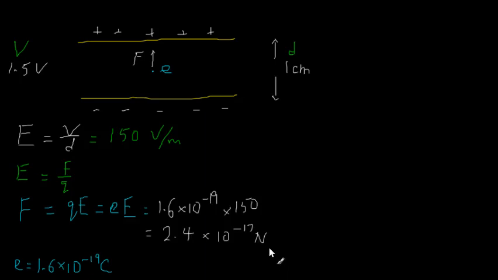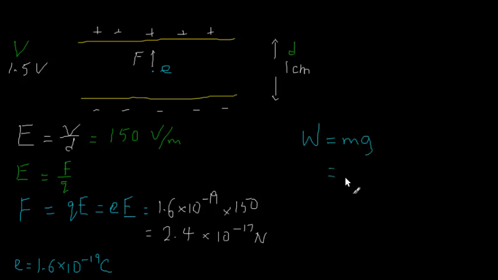Now what I'd like to do next is to compare this with the gravitational force on the electron, and let's see how that compares. The gravitational force is given by the weight, of course. The weight is mg, mass times acceleration due to gravity.